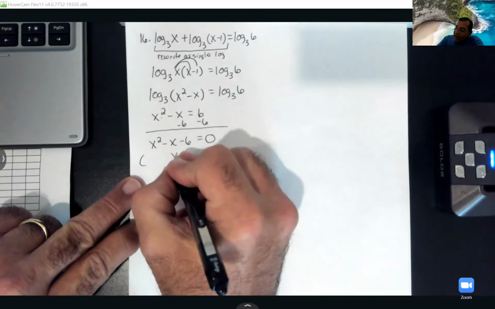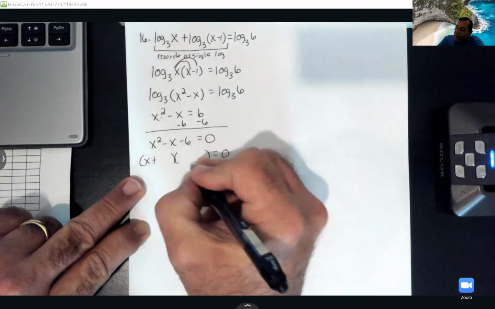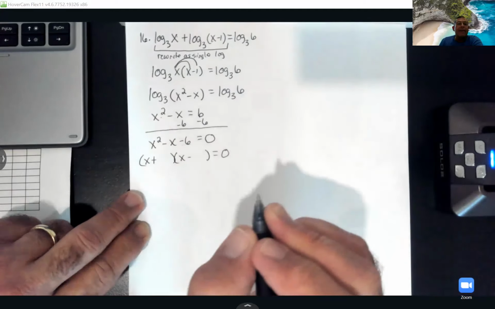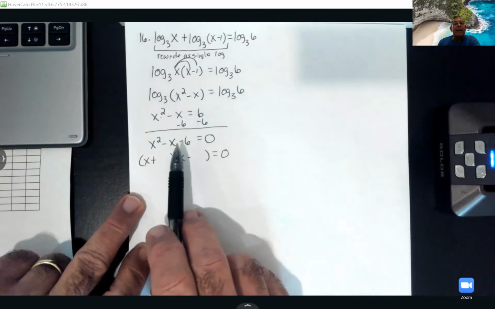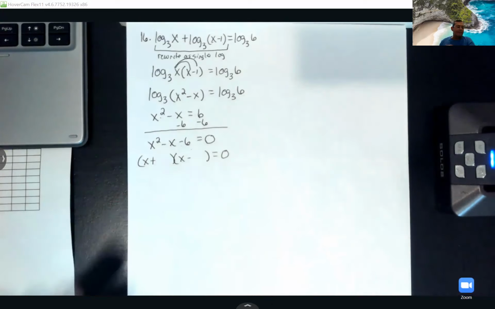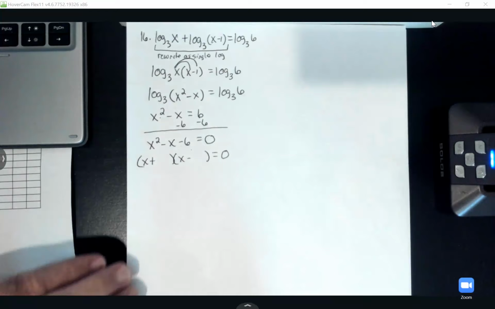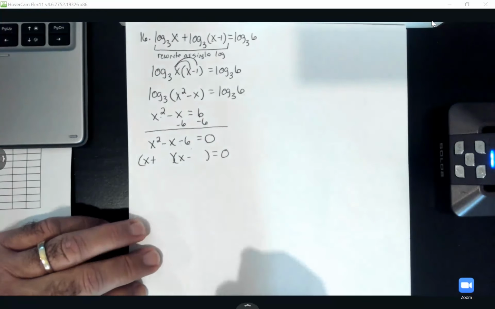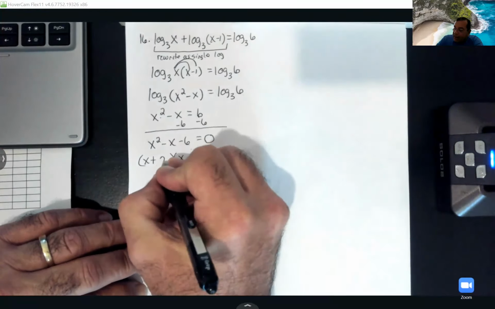So when we factor this one, we're going to have unlike signs again. So what factors of a 6 equal a 1? Three and two. So the 3 has to be negative and a 2 positive.